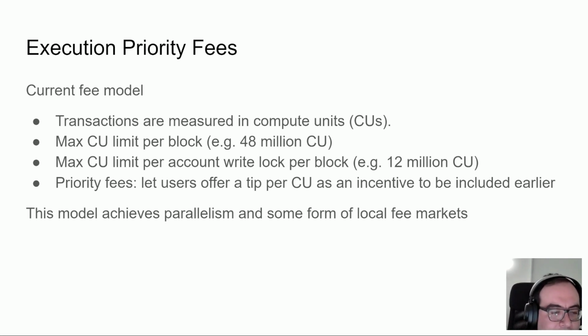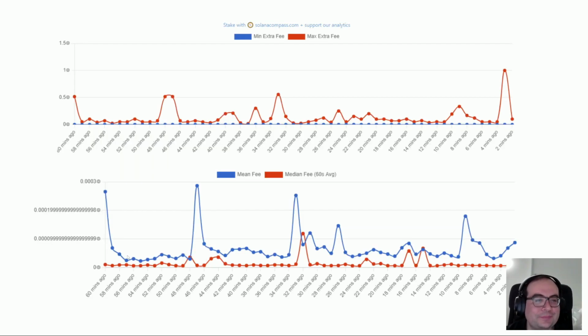And actually, we have data to say that it works, because we can see this Solana Compass, it's actually a very nice dashboard. You can see some results I've just taken right now. I've taken a screenshot of what you have. We can see, for instance, the difference between the minimum priority fee and the maximum priority fee.